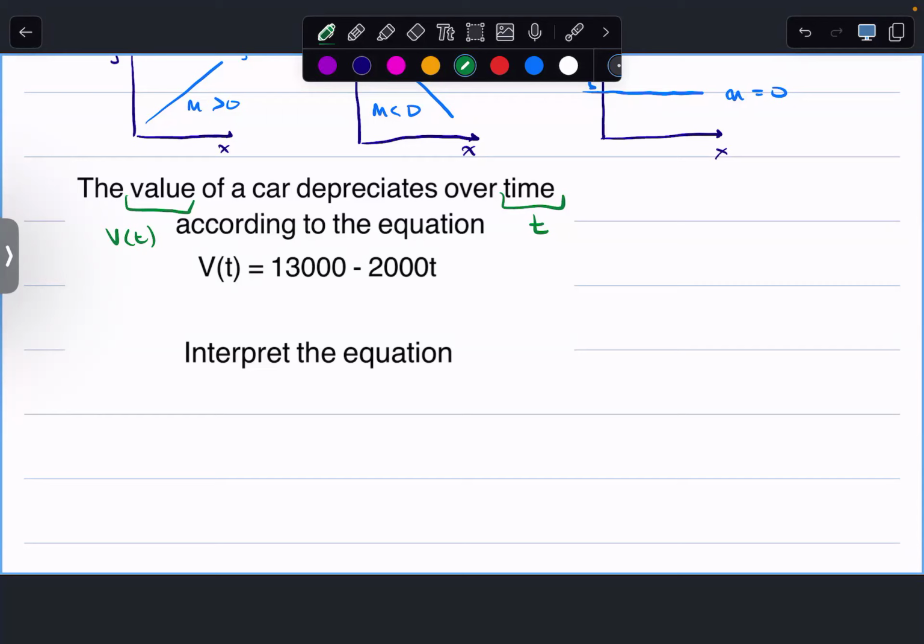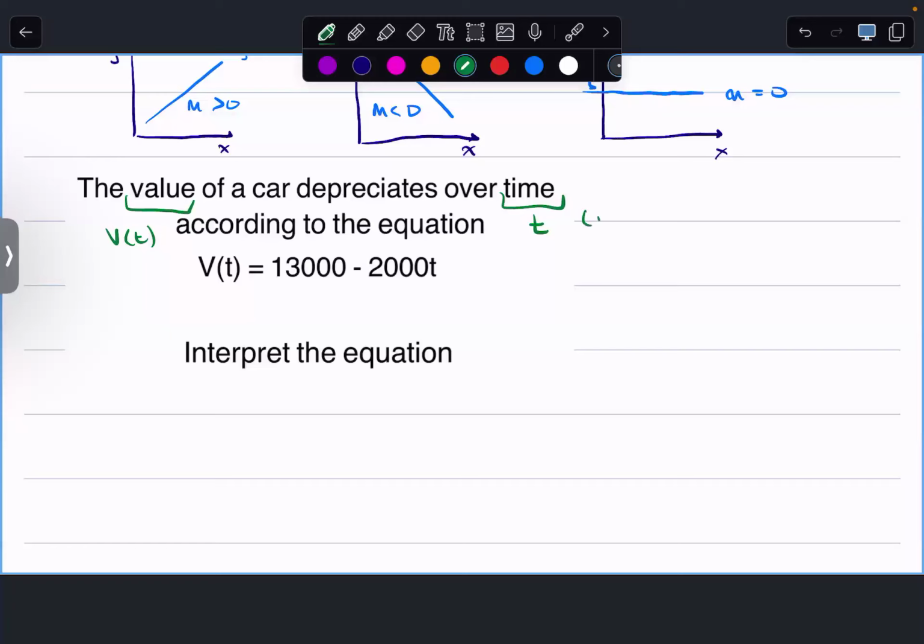We're just asked to interpret the equation, right? And so the value at any time point t is going to be 13,000 minus 2,000 times t.